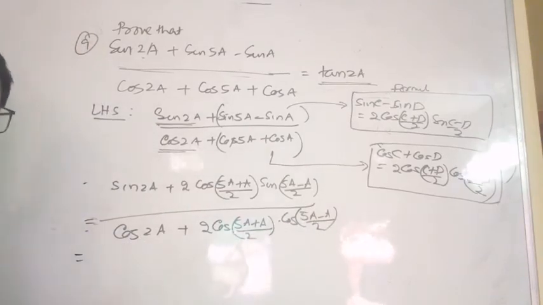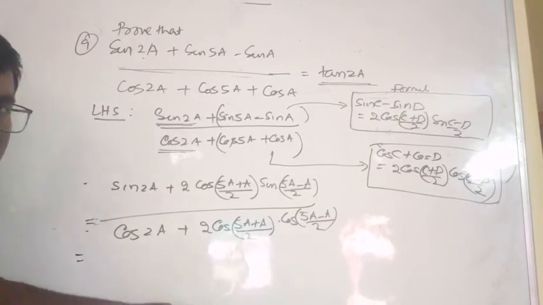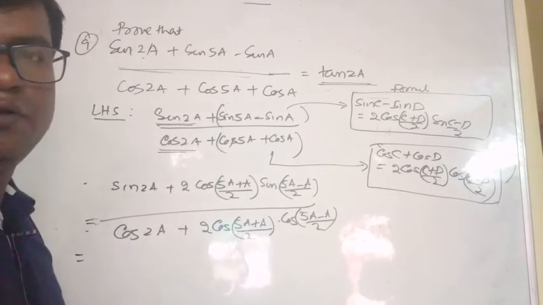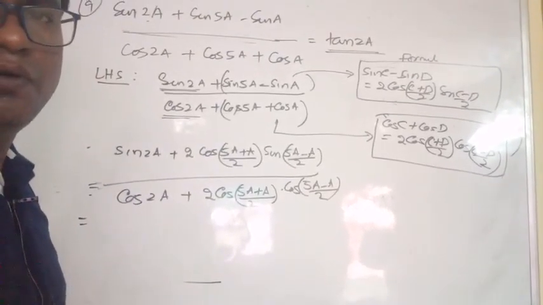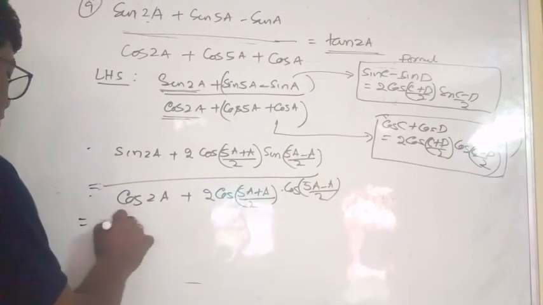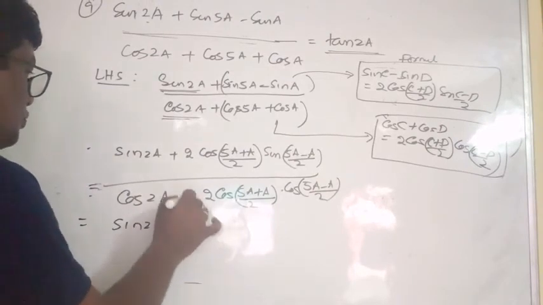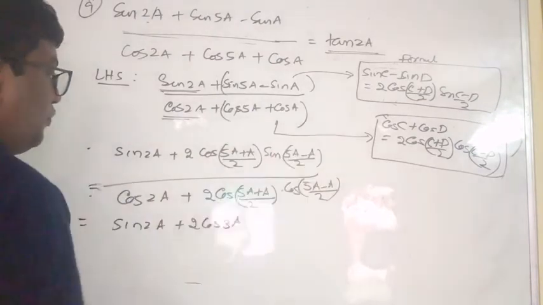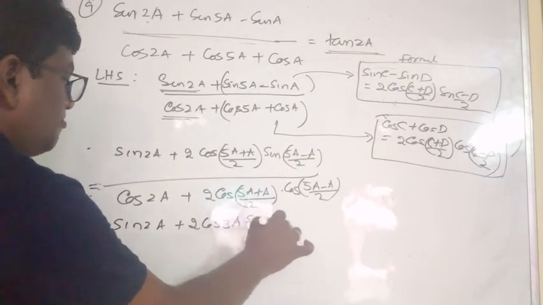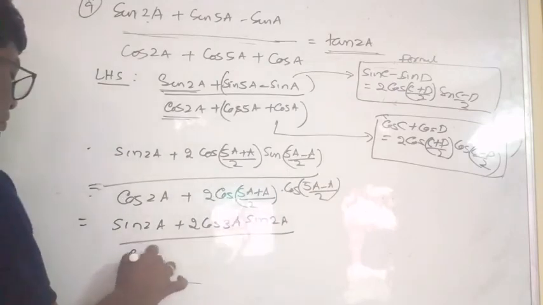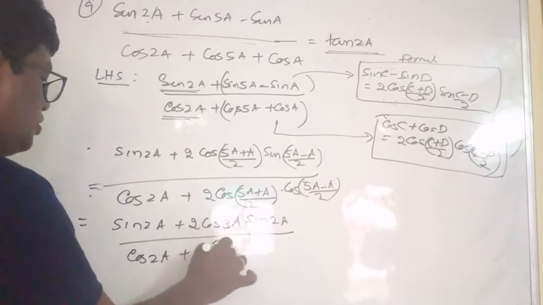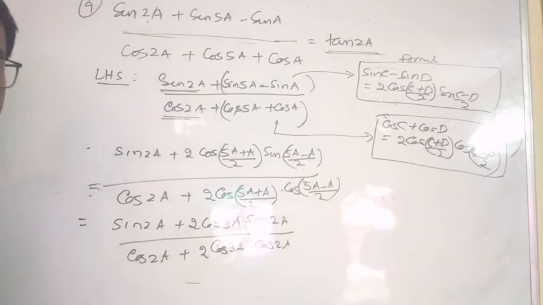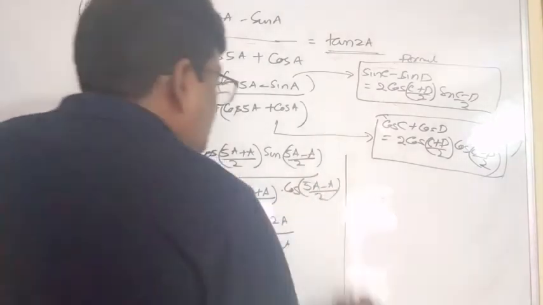So this is equal to sin 2a plus 2 cos 3a sin 2a, divided by cos 2a plus 2 cos 3a cos 2a.